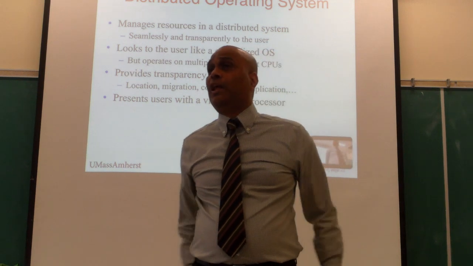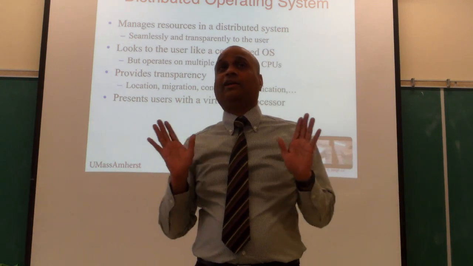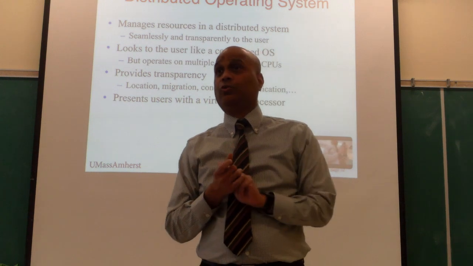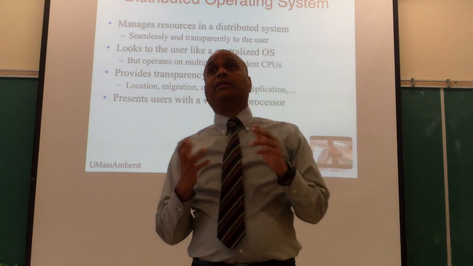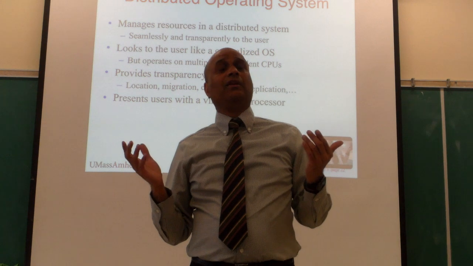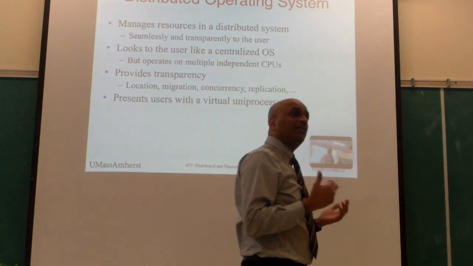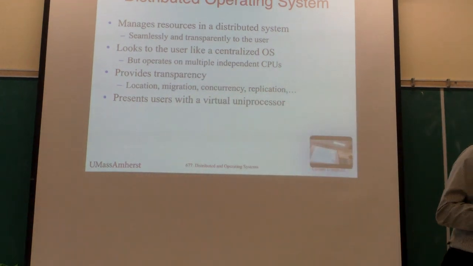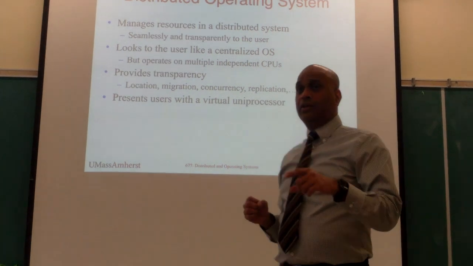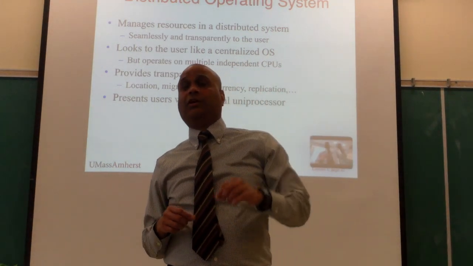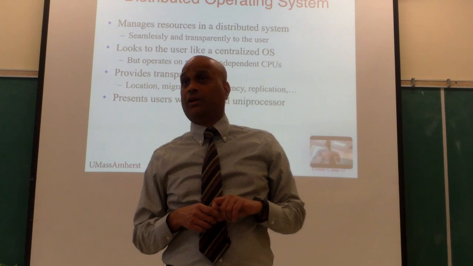You can literally take two laptops and put them on a network, and that's your distributed system. It needs at least two machines. But in this case, your OS is not hiding the presence of multiple machines from you. You have to actually know that if I want to access resources on that machine, I should log into that machine, and so on.